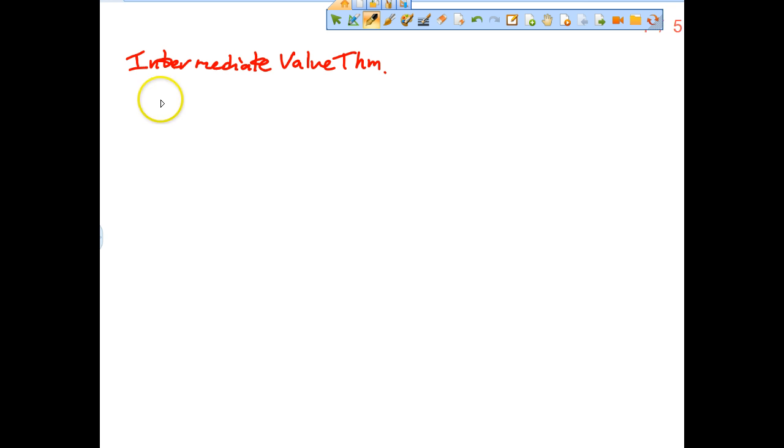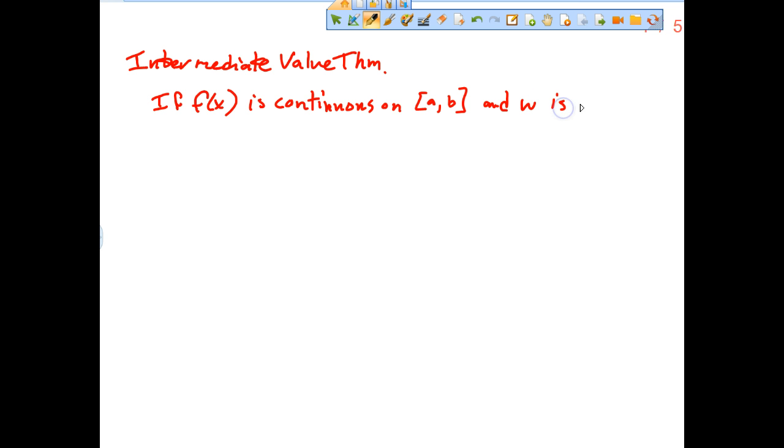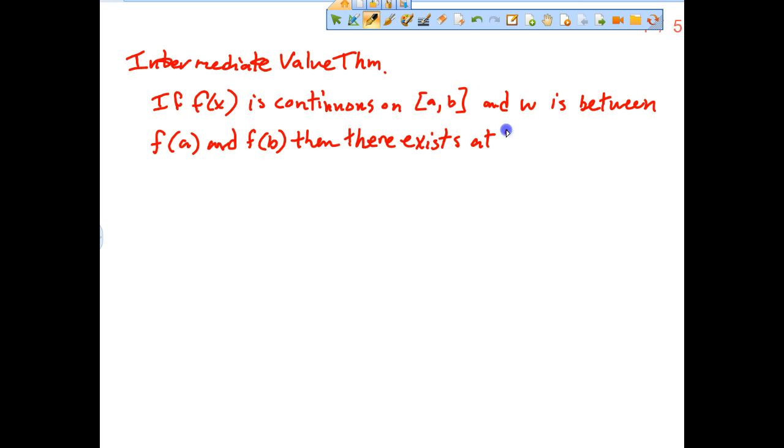So the intermediate value theorem says that if f of x is continuous on the closed interval a to b, and w is between f of a and f of b, then there exists at least one c on the interval a to b such that f of c equals w.